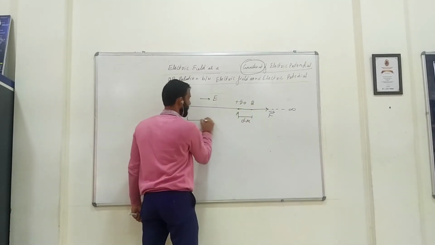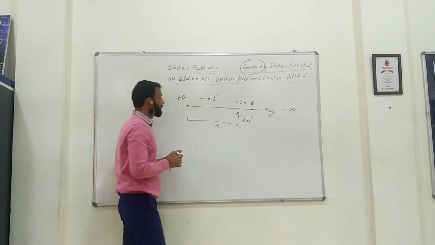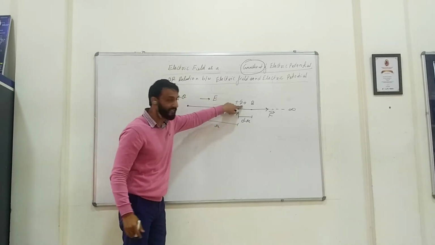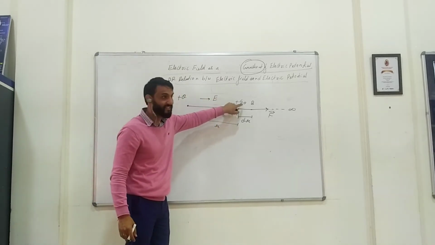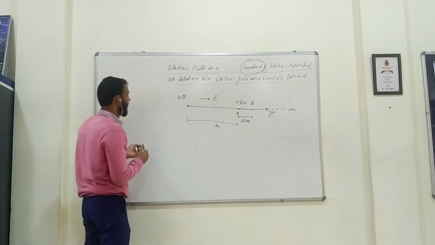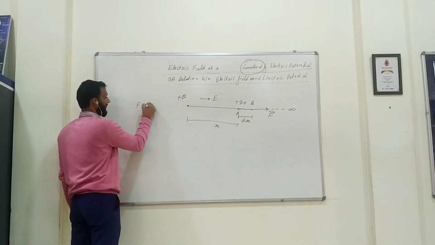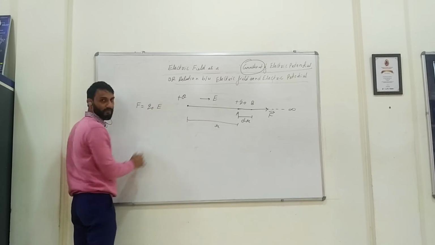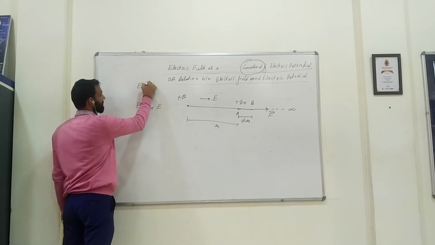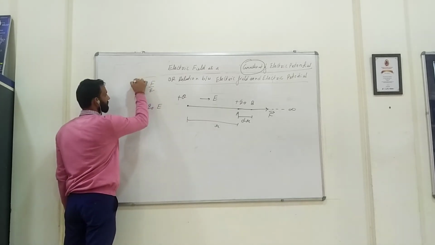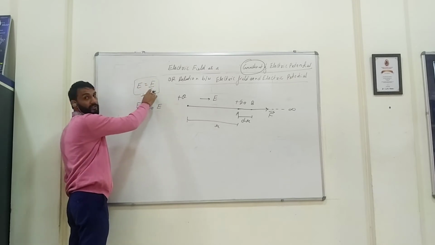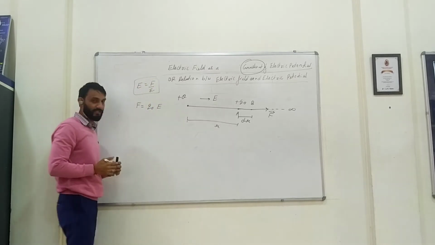Let me take this distance as r. So the force on this unit positive test charge because of this electric field will be F is equals to Q naught E. We all know this, as electric field intensity is force per unit charge, so F is equals to this much, right?